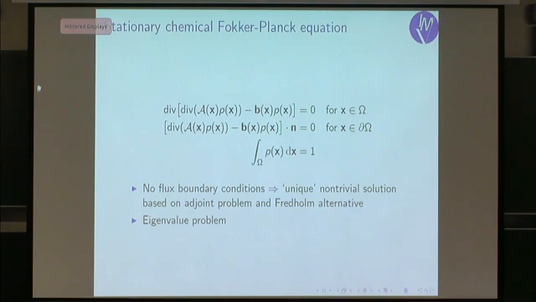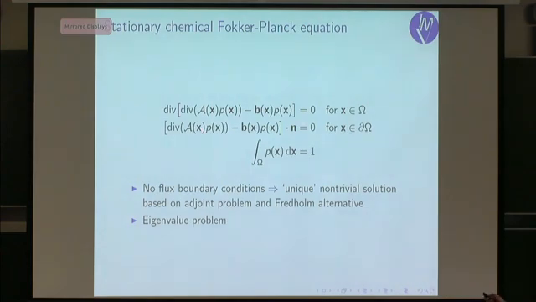Okay, but we are actually more interested in the stationary solution of these problems, not in the time evolution, but in what the stationary solution will be. So we just forgot about the time and replaced the time derivative by 0. We keep the no-flux boundary conditions, and we have now imposed that the integral of the solution must be 1, so it is some normalization condition.